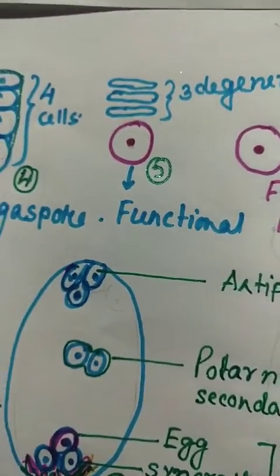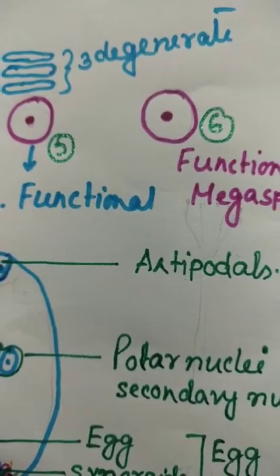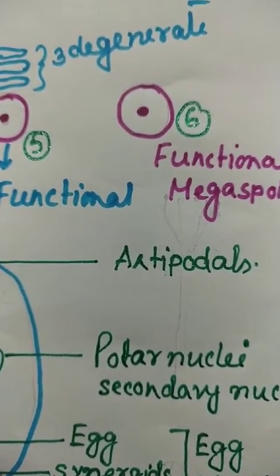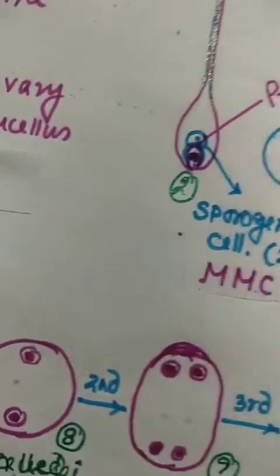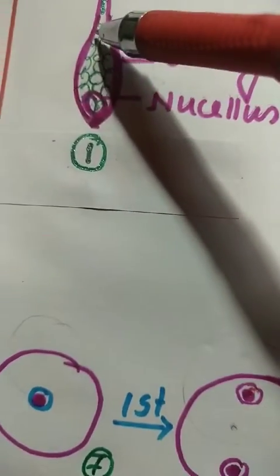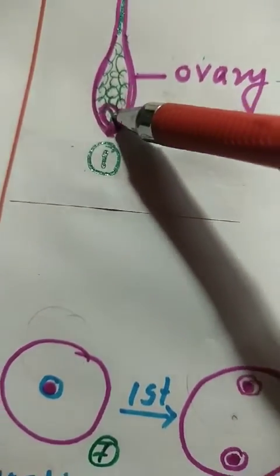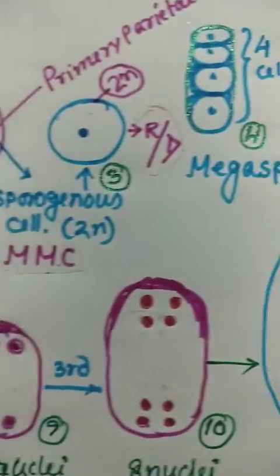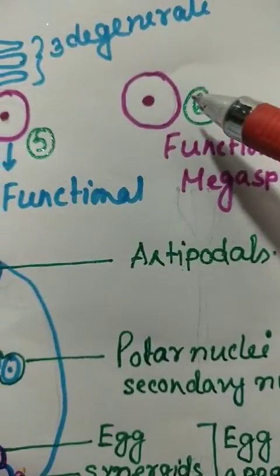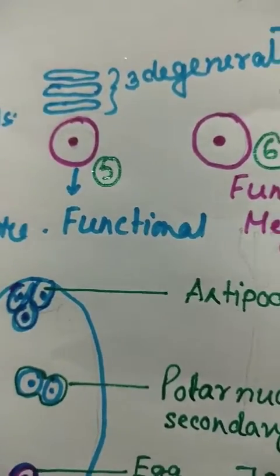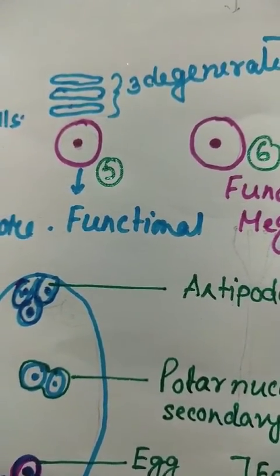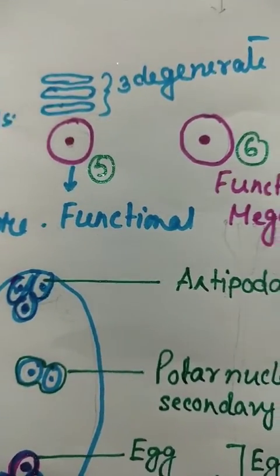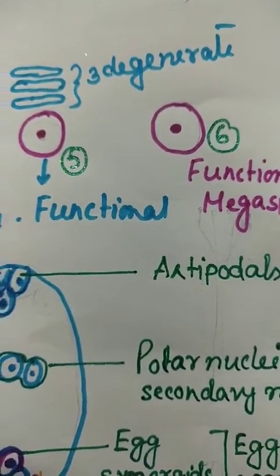Now, the process of the development of this functional megaspore within the nucellus, from these cells to functional megaspore, this whole process is known as megasporogenesis. It takes place within the megasporangium.